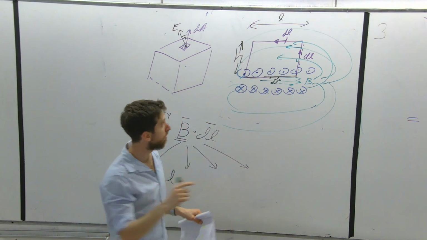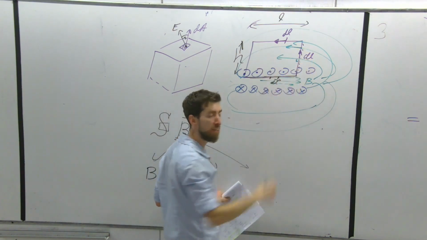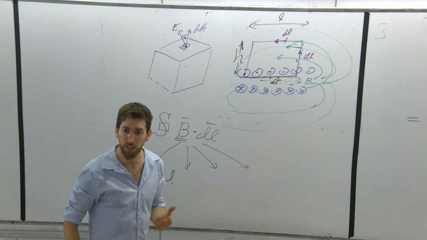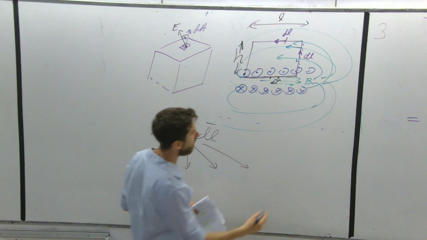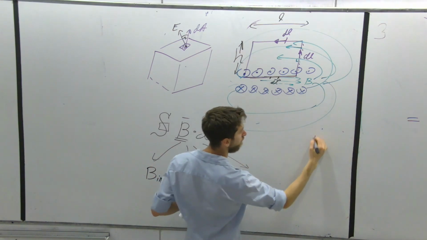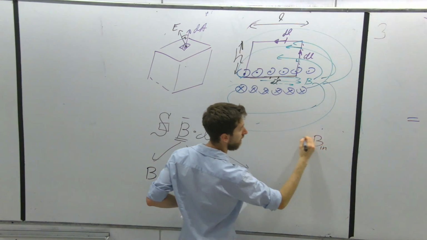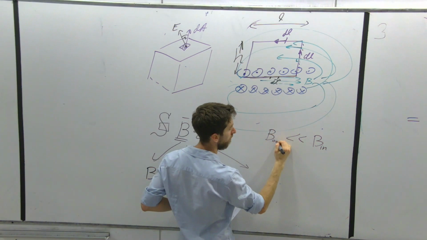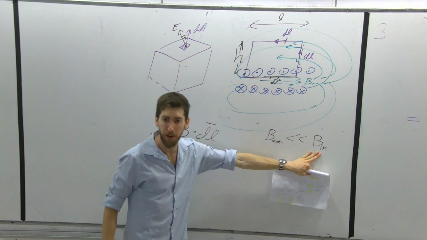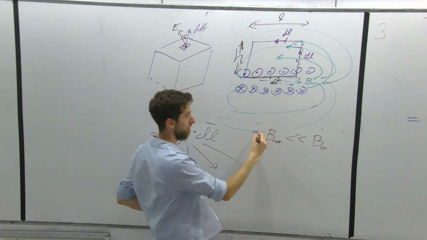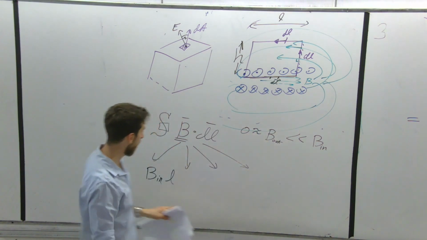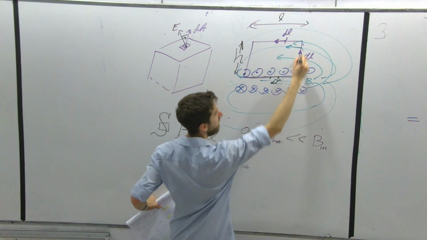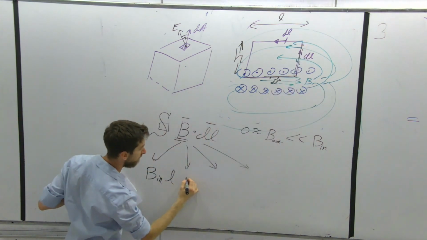And also, what we said about outside is that the magnetic field is not 0, but it's really weak. So B in is much larger than B out. So if I have B in my equation, B out is going to die, it's not that important. So when I go in this direction, we actually have 0.